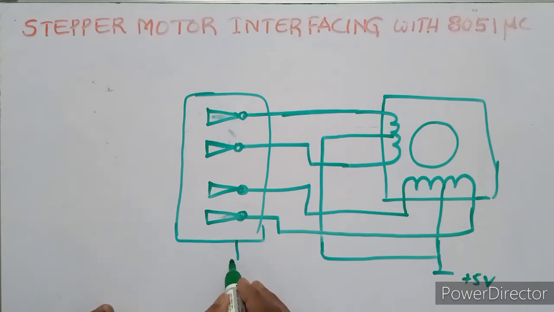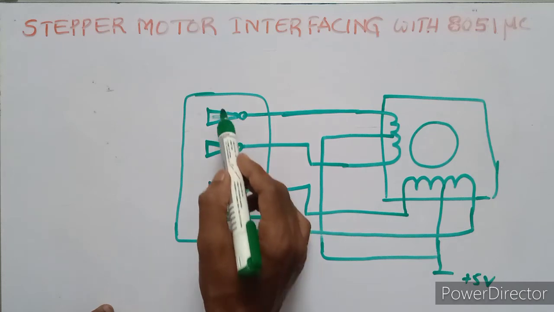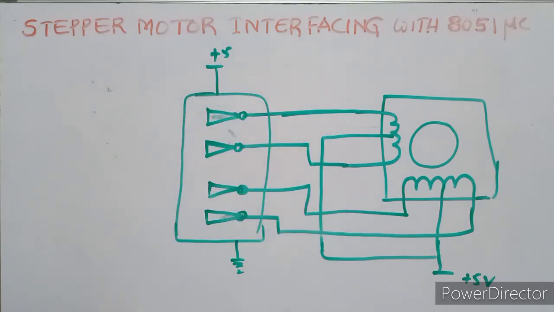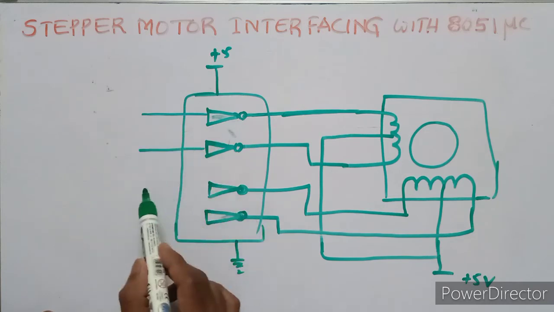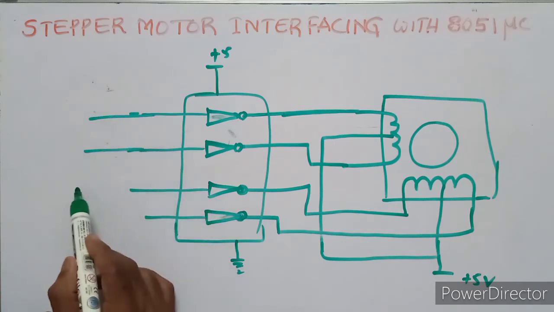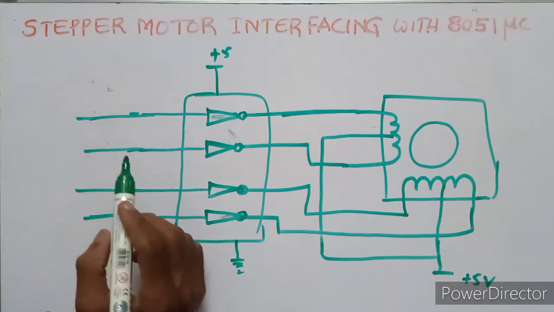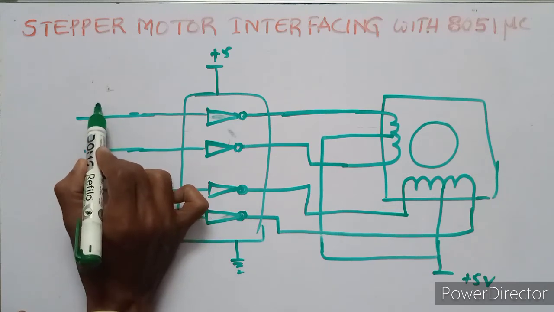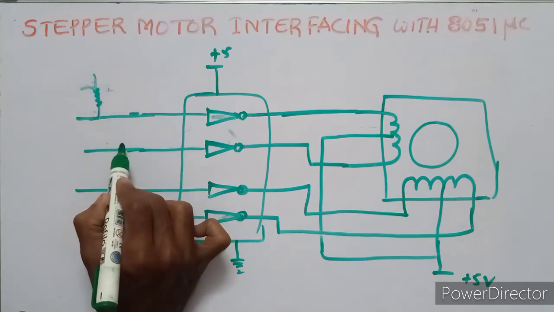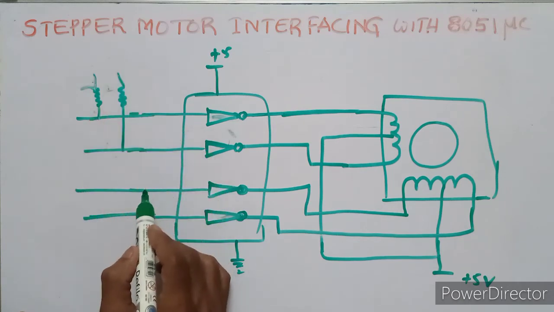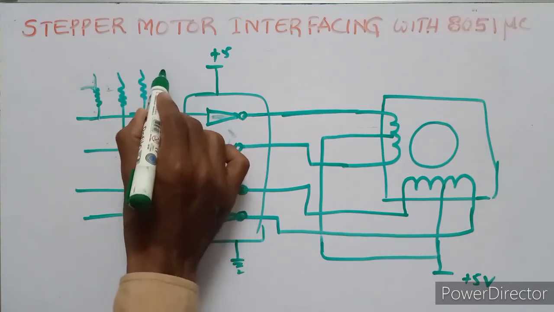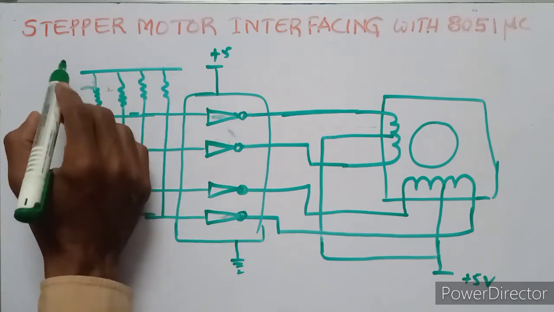This is also ground, and this is also the power supply, 5 volts. These are all connected with resistors.